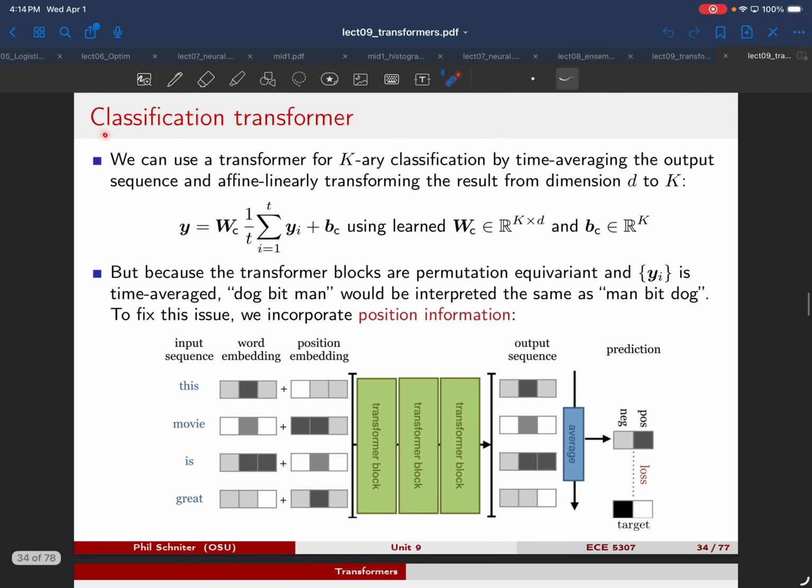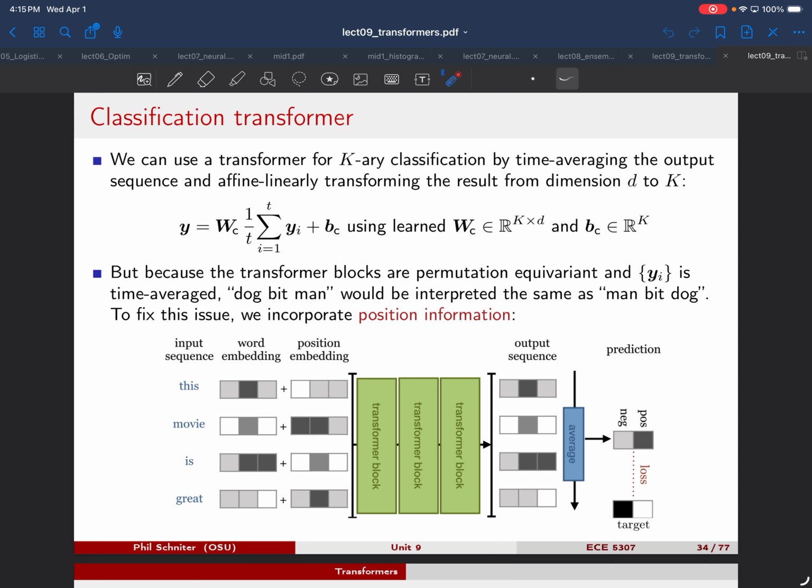If you want to use it for classification, what you do is you have your word embeddings, then you add some position embeddings, because without the position embeddings, the transformer doesn't really know anything about the location within the sentence or the phrase. So you process this to an output sequence using your transformer.